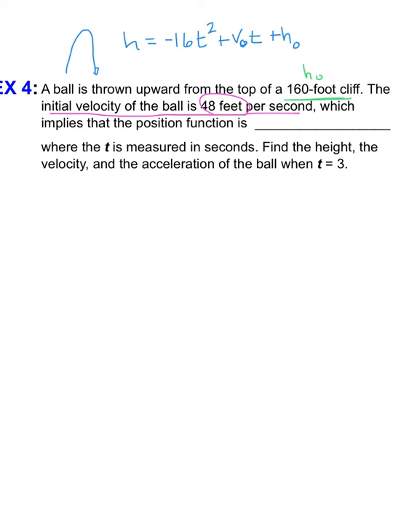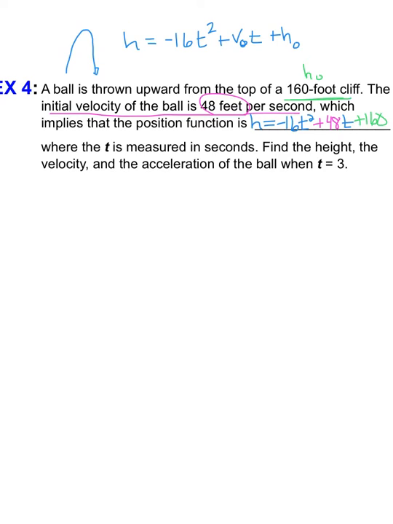So when we write our position function, h is equal to negative 16t squared. Then our initial velocity, which is in an upward motion because we're throwing the ball up, so it's going to be positive, is a positive 48t. And then we were throwing it from the height of a 160-foot cliff.